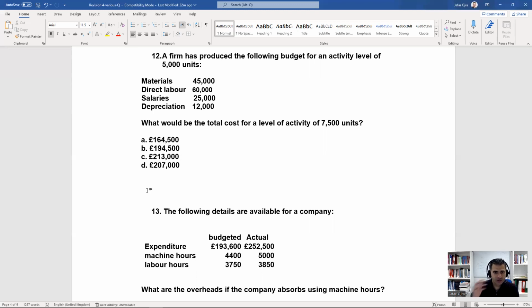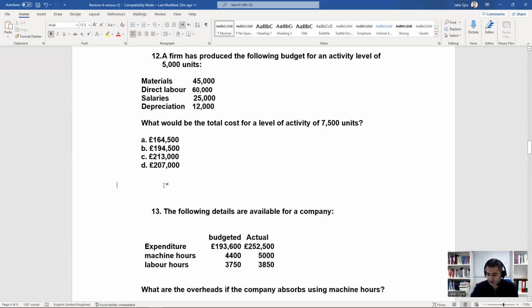Materials and labor are variable cost, and salaries and depreciation are fixed cost. What would be the total cost for a level of activity of 7,500 units? First of all, we need to find out the variable cost per unit based on 5,000 units.